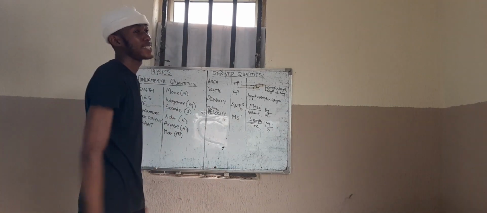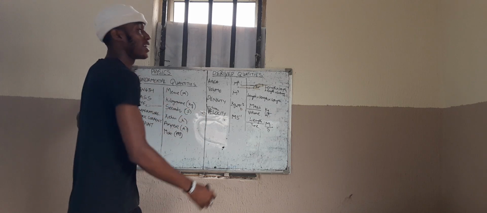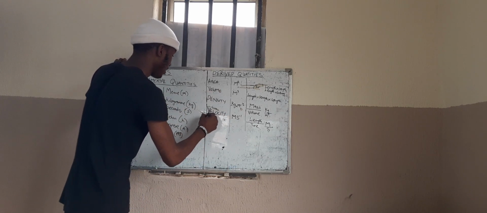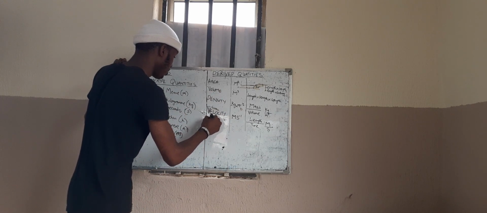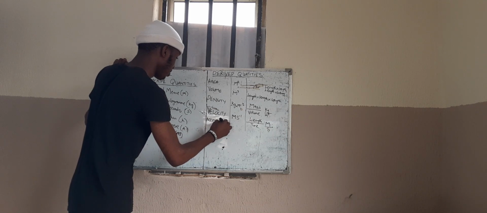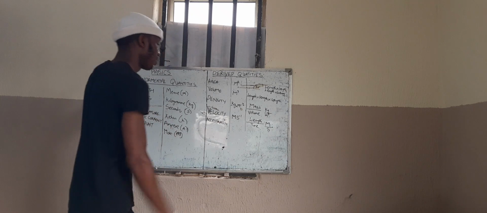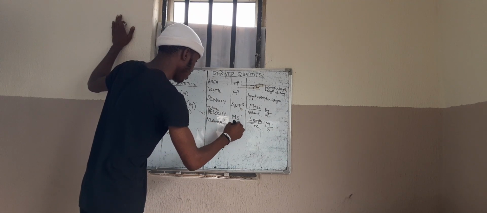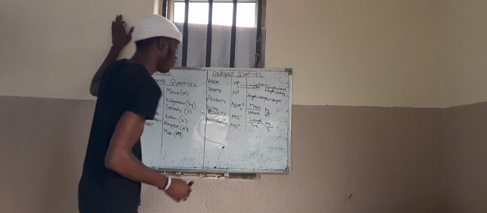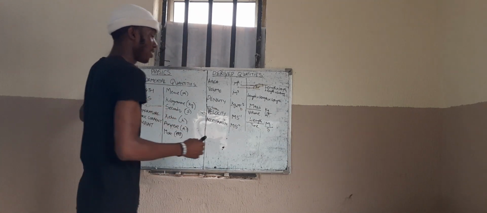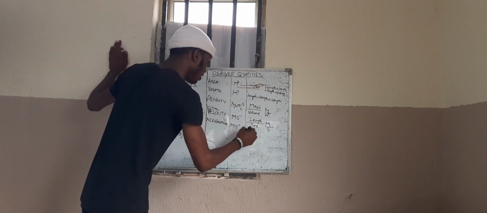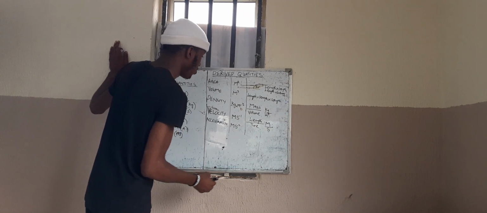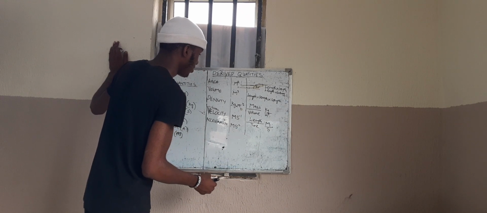Then we have acceleration. The unit for acceleration is meter per second square. The formula for acceleration is change in velocity over time.